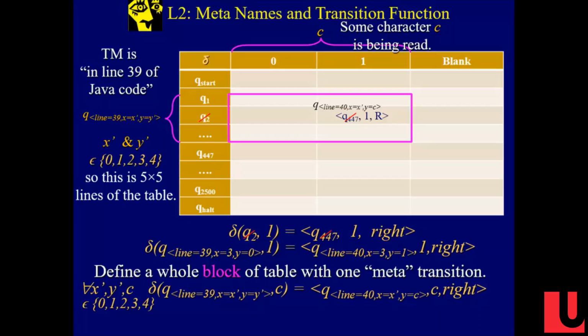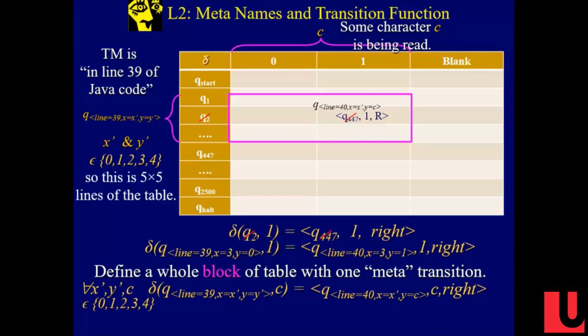No. Let's again review what a Turing machine is. Along here we got states. Along here we have what character is being read. Delta tells me what my state is and what my character read is. So when we're counting states, it's how many states there are.